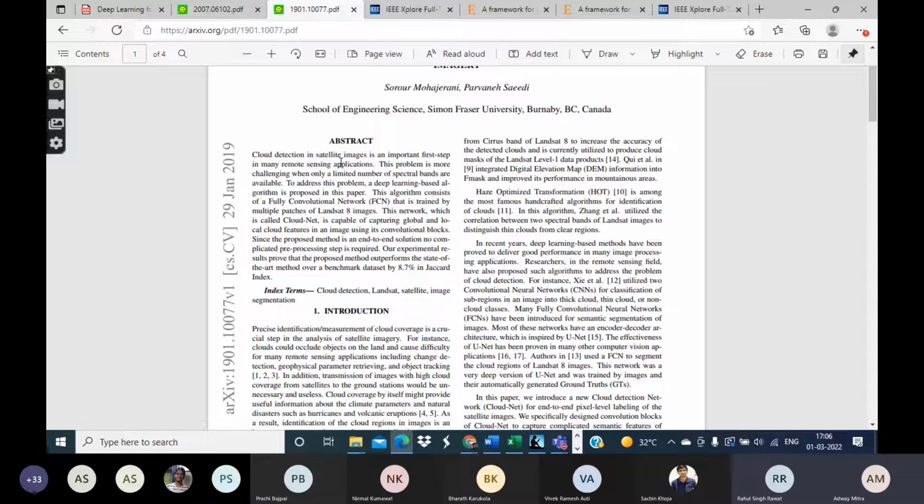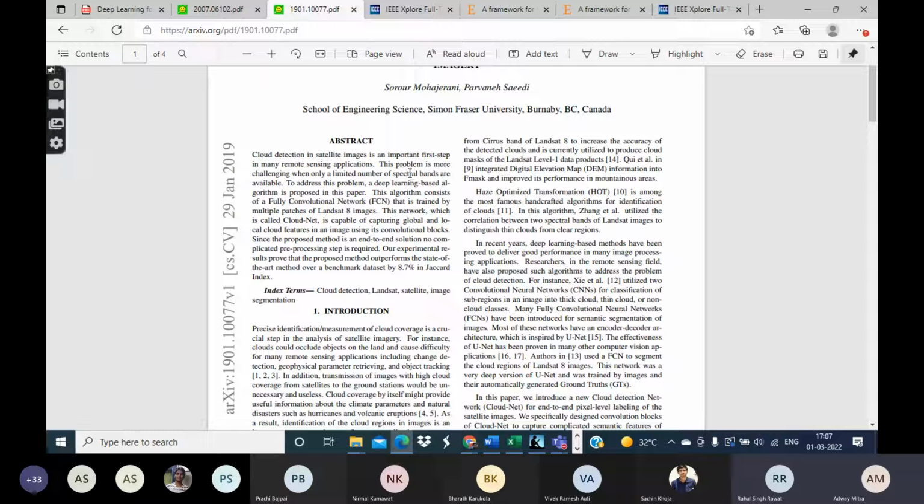Cloud detection in satellite images is an important first step in many remote sensing applications. This problem is more challenging when only a limited number of spectral bands are available. These satellites have a number of spectral bands. You can consider the different spectral bands as different channels, as in the case of RGB images.